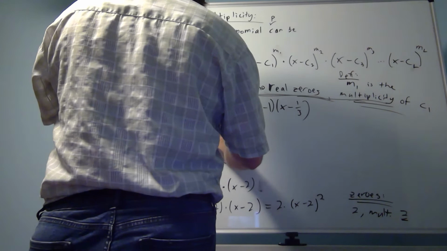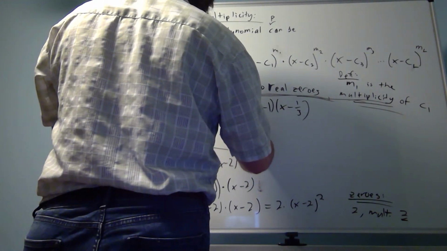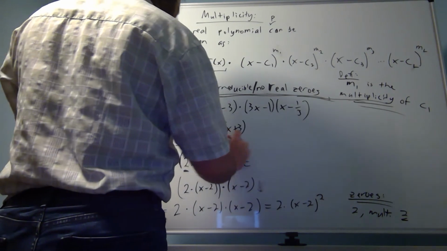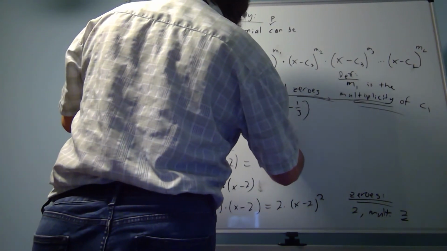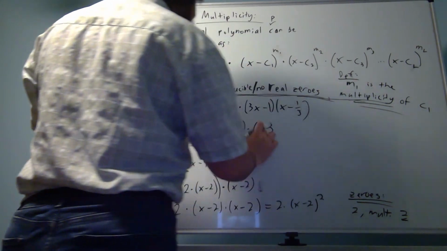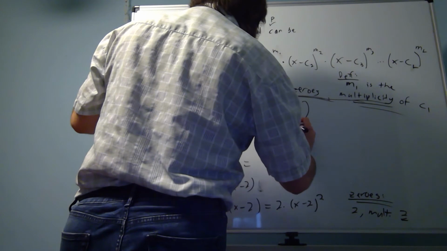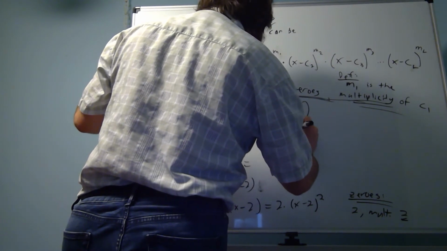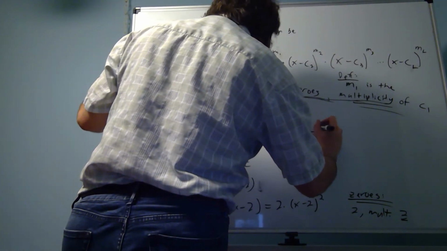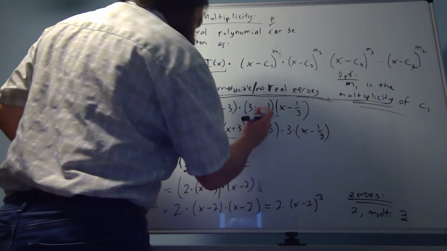To get us started, this x squared minus 9 is just x minus 3 times x plus 3. And then we've got an x minus 3. That's just literally an x minus 3 from the line above. And let's factor a 3 out of here: 3 times x minus 1/3.